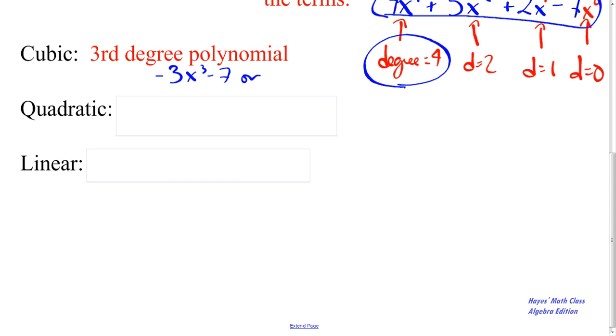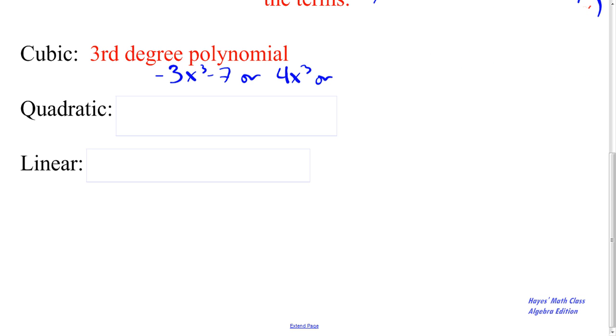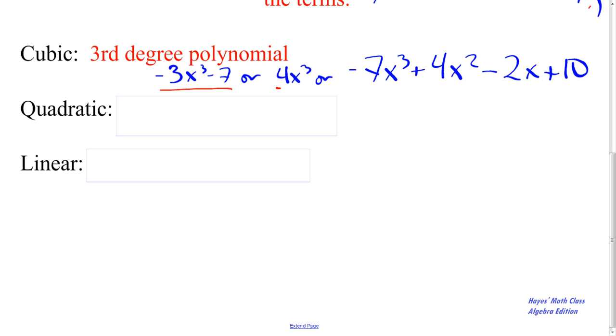I could also just go 4x to the 3rd, or a negative 7x to the 3rd plus 4x squared minus 2x plus 10. Notice, I've got a binomial here, that's 3rd degree. I have a monomial here, that's 3rd degree. I have a 4-term polynomial there, and that's still 3rd degree. So the degree just tells you how big the exponent is and doesn't tell you how big the size is.